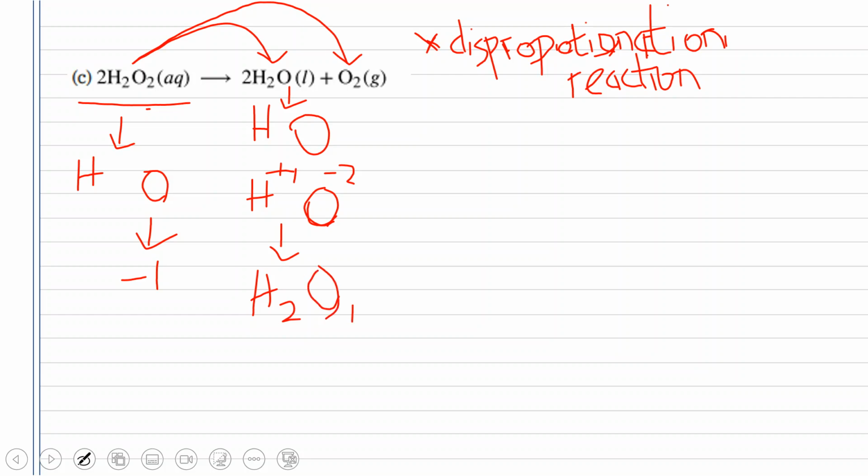So this is where they were. Then it becomes H2O. So we see that oxygen was -1 here, but now it becomes -2. Okay. So it's -1 here. It becomes -2 in this particular instance.